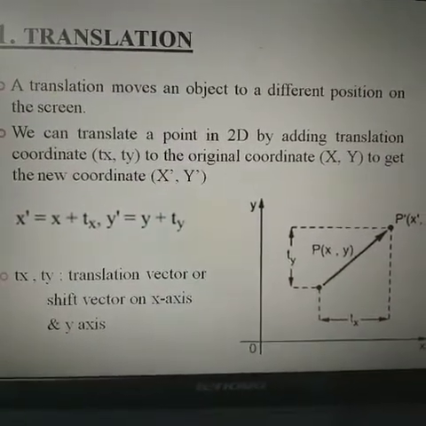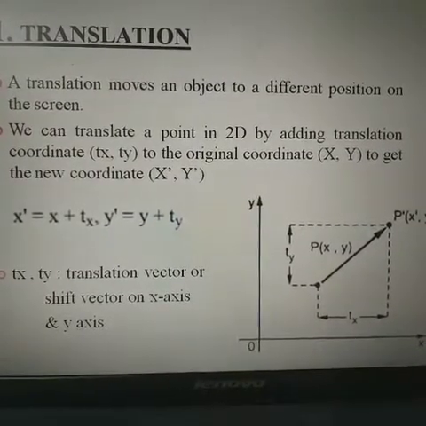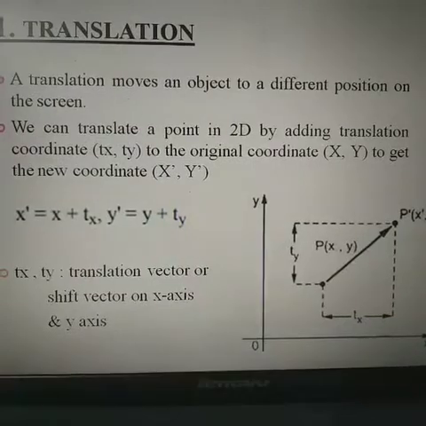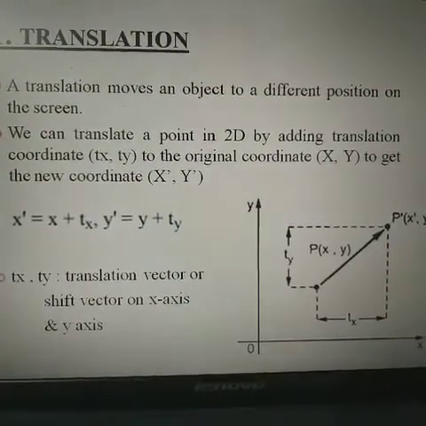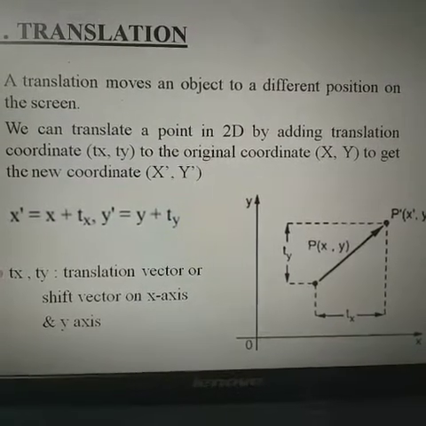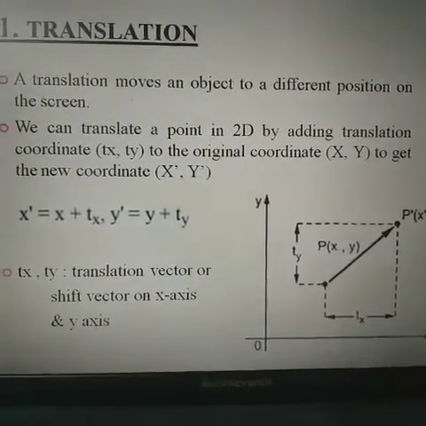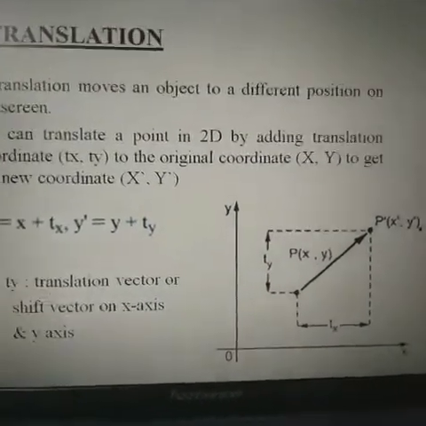So we have to translate a point in two dimensions by adding the translation coordinates, that is tx and ty. What are tx and ty? They are our translation coordinates, how far we have to move the original coordinate to get the new coordinate. So we have to get the new coordinates like this.